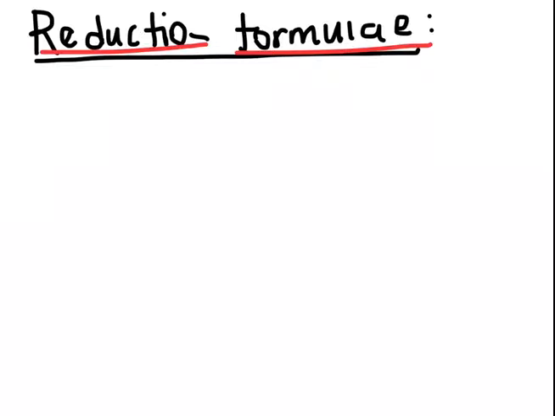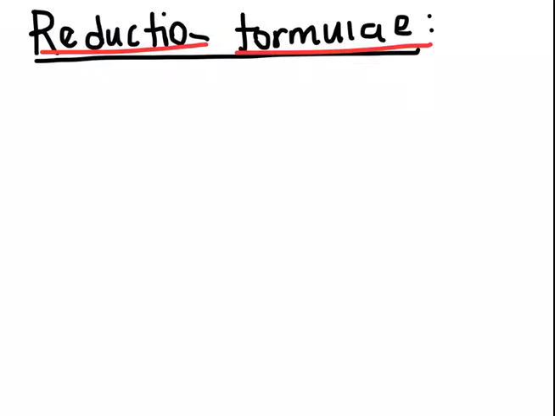So reduction formulae are used to reduce the trigonometric ratio of any angle. Remember, the moment I say trigonometric ratios, just think of sine, cosine and tan. For now, temporarily forget about the reciprocals.